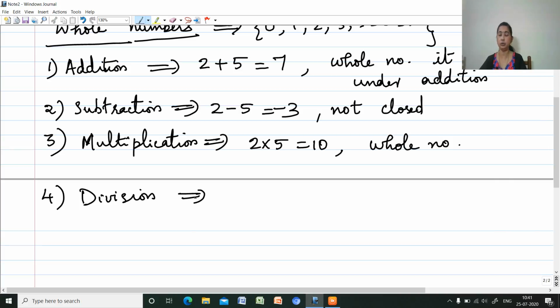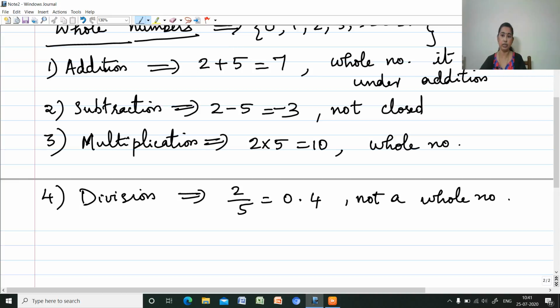If dividing two whole numbers, let it be 2 by 5, 2 divided by 5 means it is 0.4. It is not a whole number. So we can say that whole numbers are not closed under division.